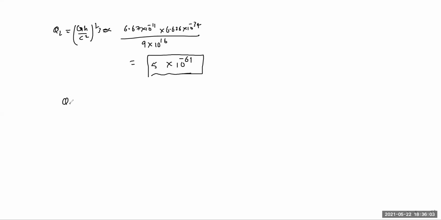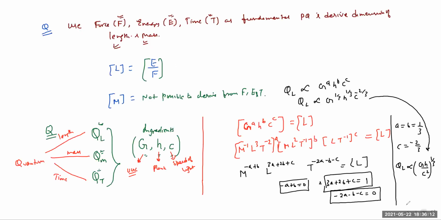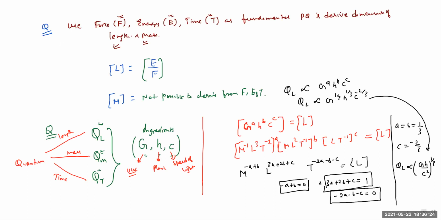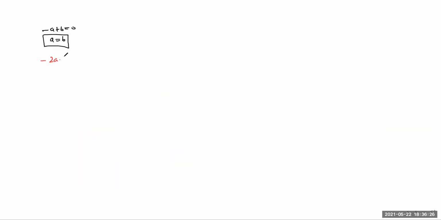Okay, you are asking how the formula came. G A, H B. So I have solved already. Minus A plus B is 0, A equals B. And we have the next equation, minus 2A.